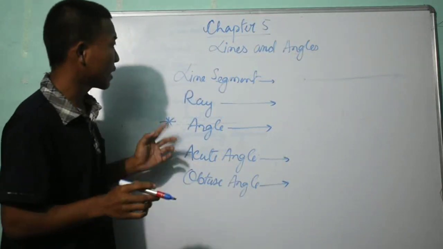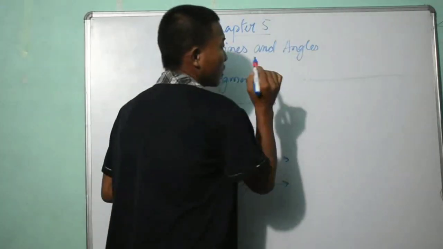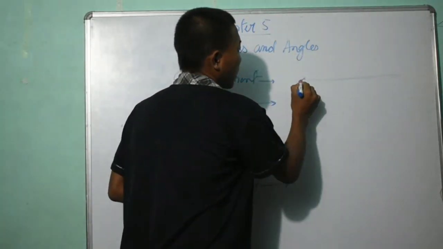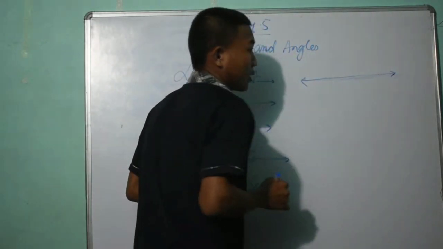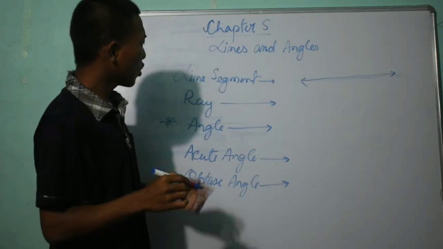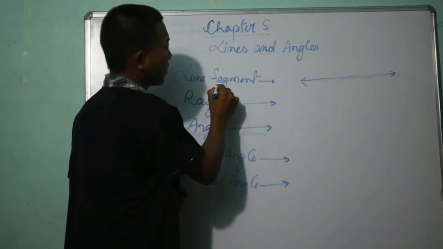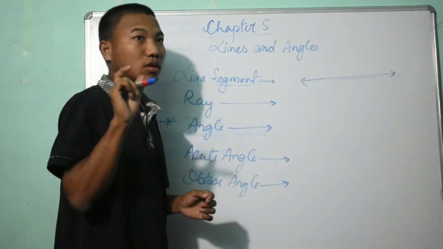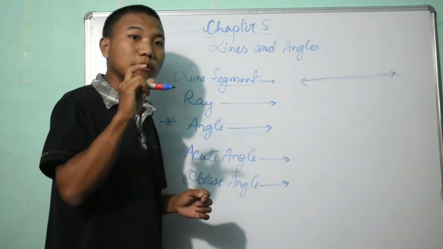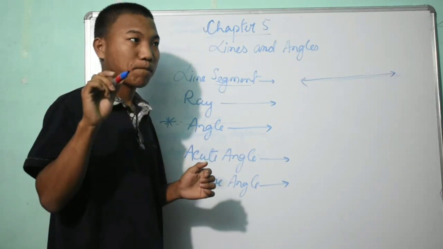Now first, line segment. We know that a simple line has no initial point as well as no end point. This is a line. Now what do we mean by a segment? A segment means a portion of a whole, or a portion of something which is a big one.